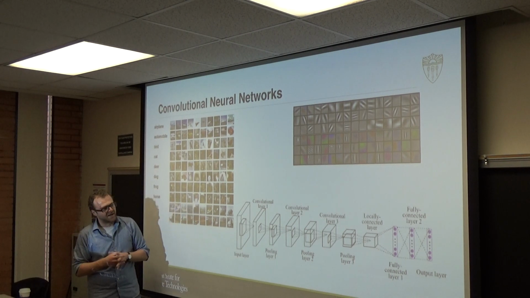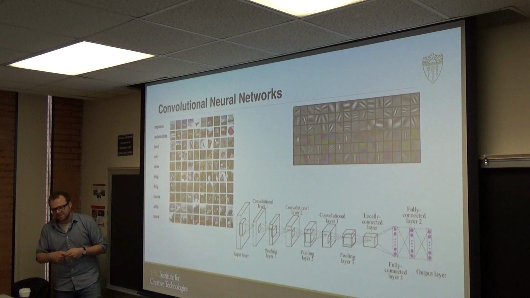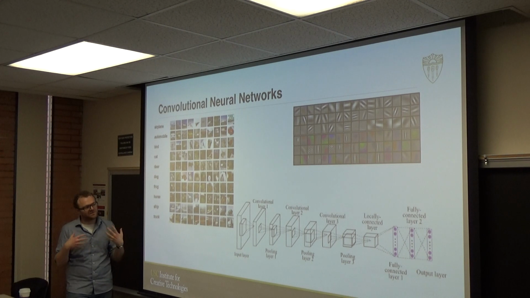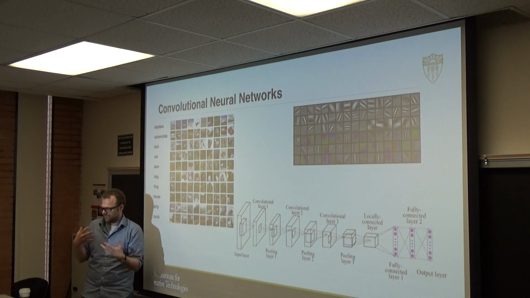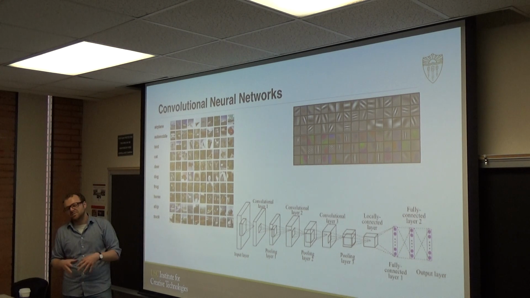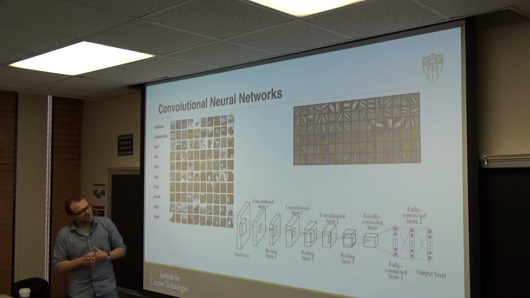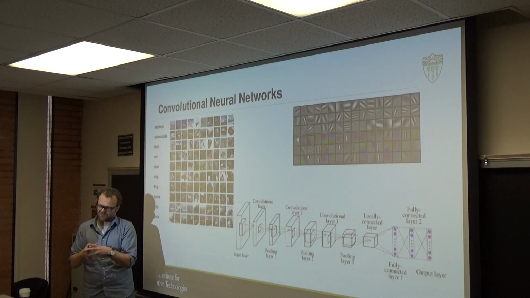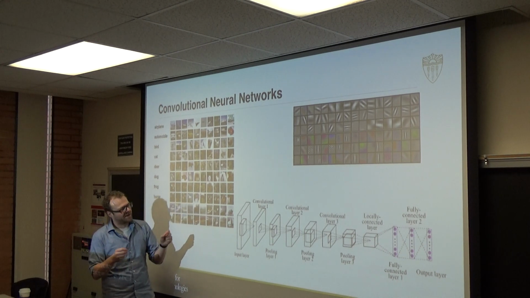But that can lead to some issues, where if every pixel goes into a hidden layer, and these connections need to be learned, you have so many parameters that you need to tune that your data set needs to be very, very, very large to understand what's going on. And so what convolutional neural networks are doing is they reduce the number of parameters that you have to learn and apply the same function.